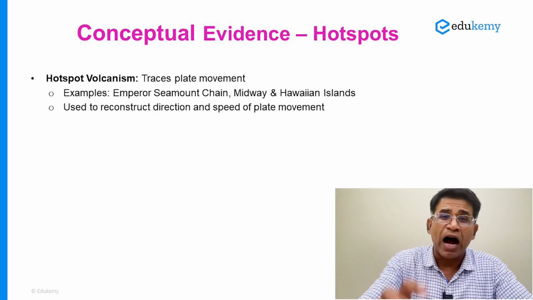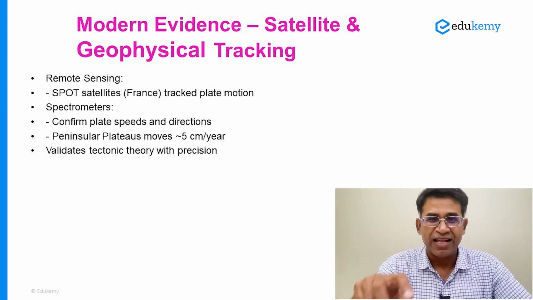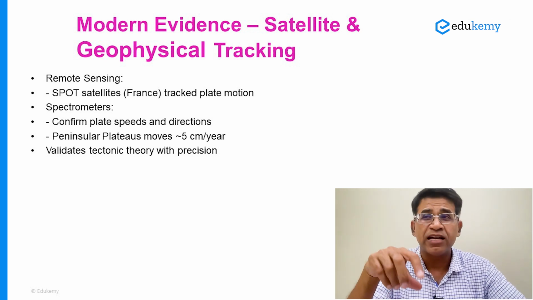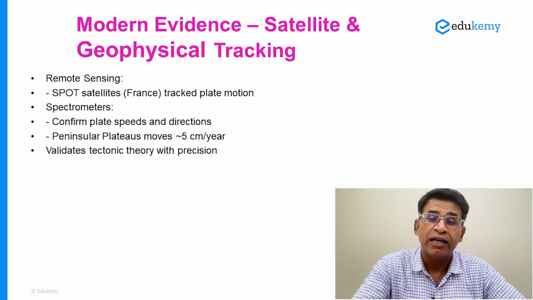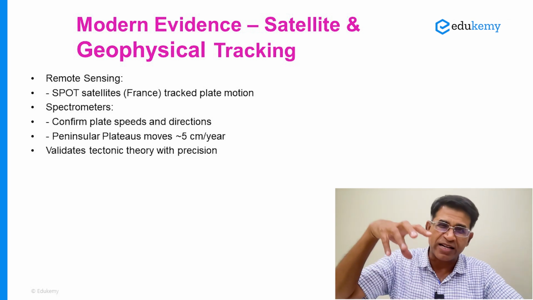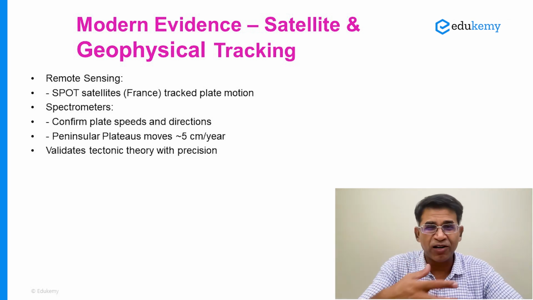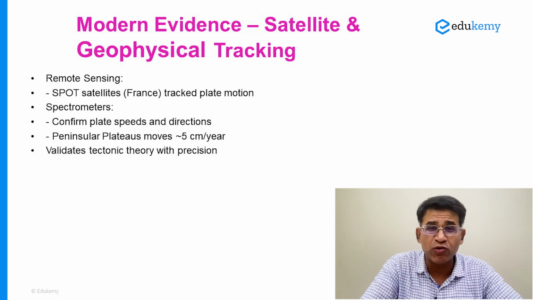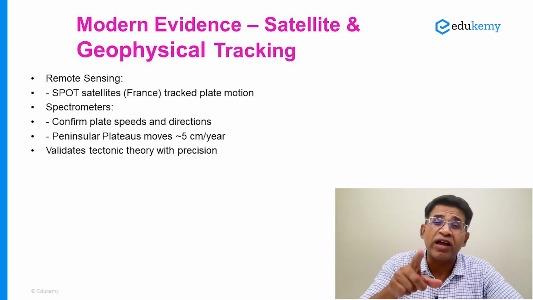After this, the third category of evidences are around remote sensing evidences. The satellites are tracking, and one of the first set of satellites that did tracking for plate movement are the SPOT series of satellites of France. So they were able to track the plate movement very accurately. And now for the geophysical, detailed tracking, we use a lot of spectrometers that tell us about continents moving and colliding.